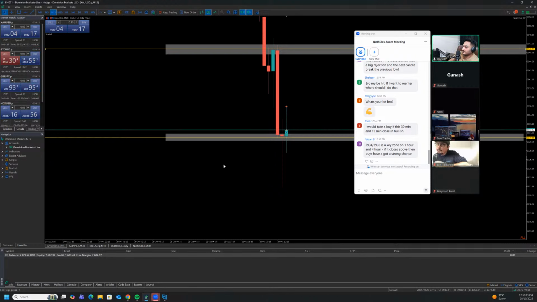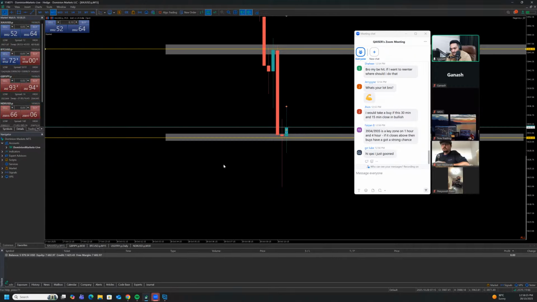Yeah, look at the way the candle is printing right now. Just 2 minutes left for the candle to close.